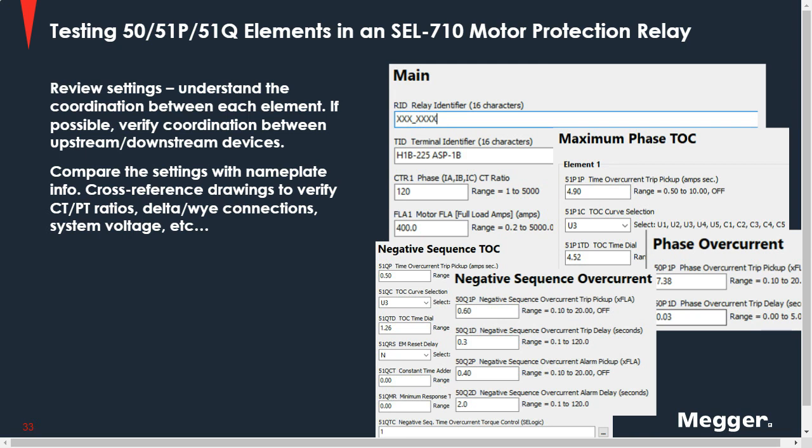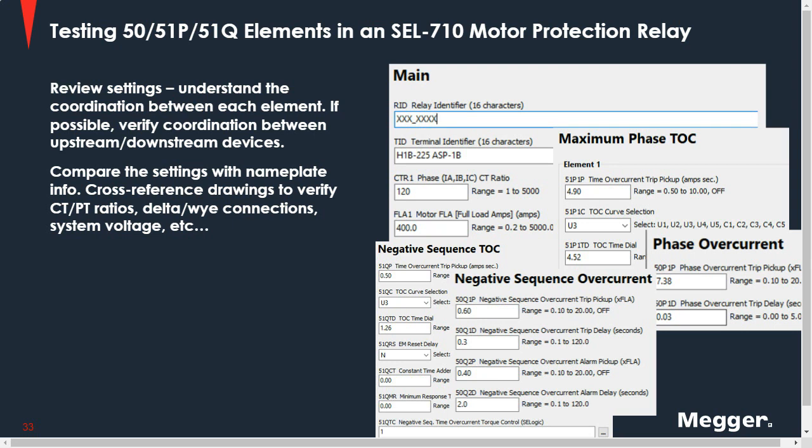And going along with that mentality, cross-reference your drawings. Make sure that your drawings agree with your settings. That includes CT and PT ratios, whether you have a delta PT connection versus a wye PT connection, CT connections, etc.